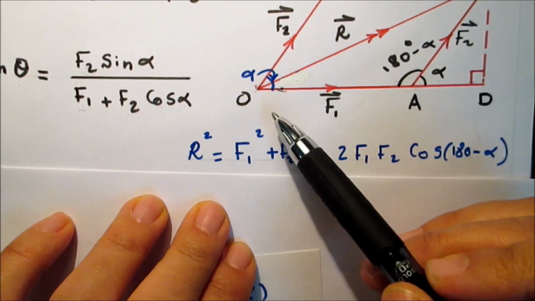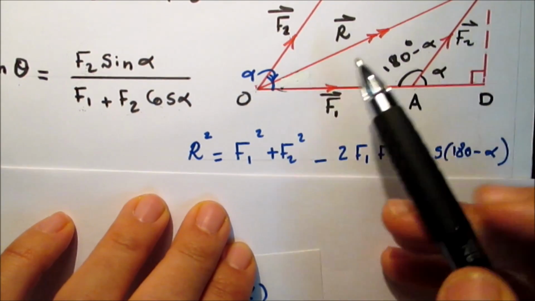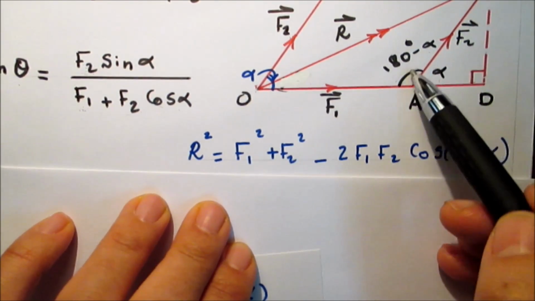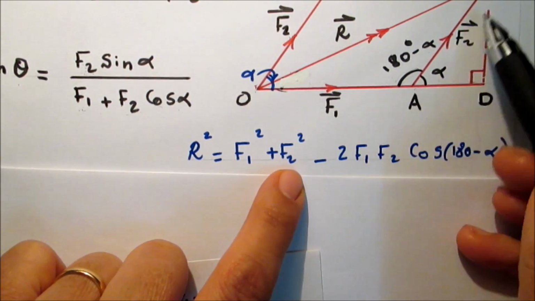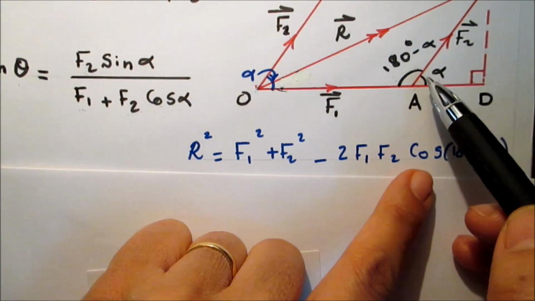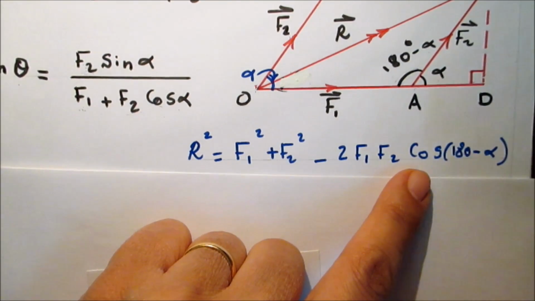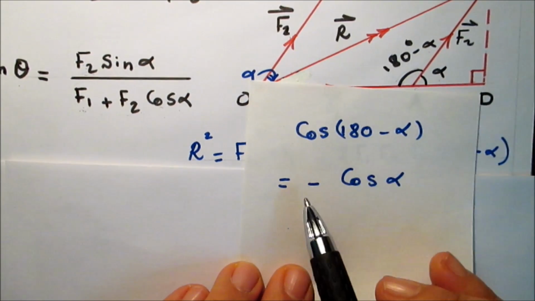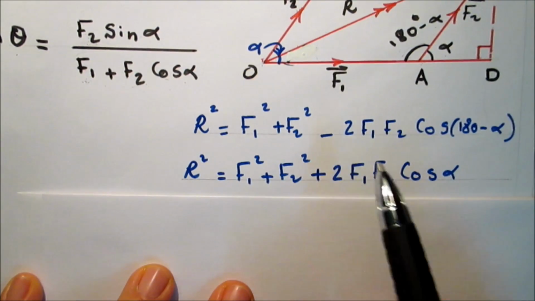Now apply the cosine law on triangle OAC to find the resultant R in terms of F1 and F2 and the angle alpha. R squared equals F1 squared plus F2 squared minus 2F1 F2 times cosine of the included angle 180 minus alpha. Cosine of 180 minus alpha equals negative cosine alpha, so let's change the sign of this term into positive.